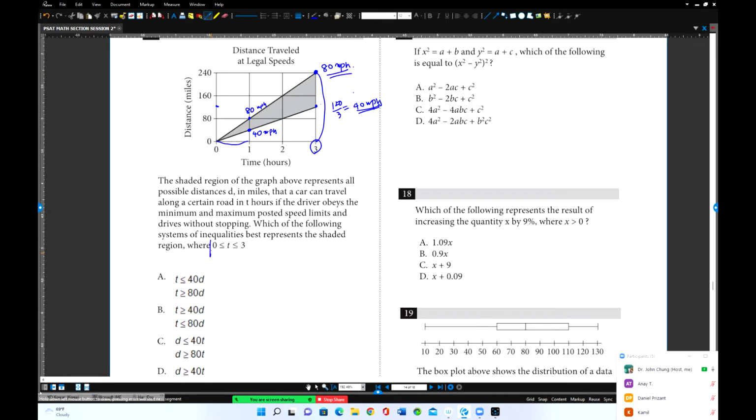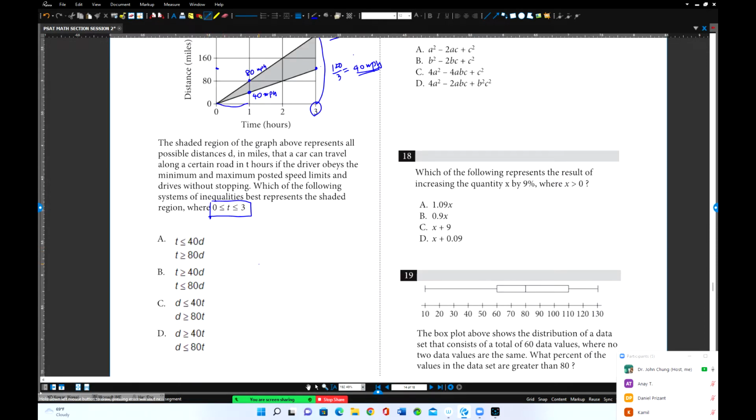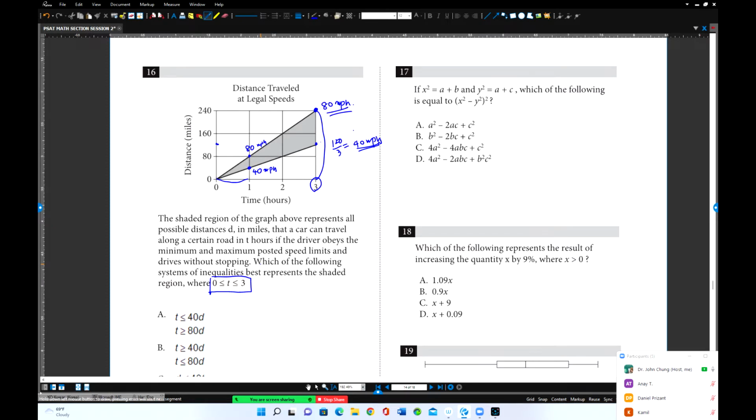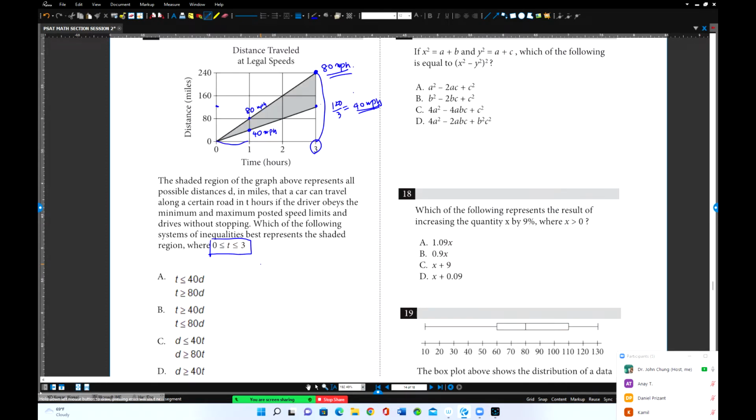Okay, during over here, what is the t? T is what? In t hours, if a driver of, okay, the minimum t hours. Okay.